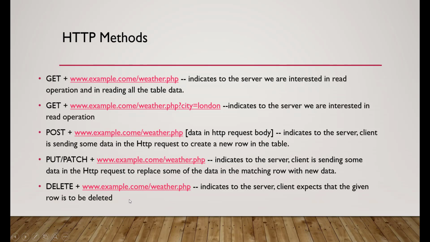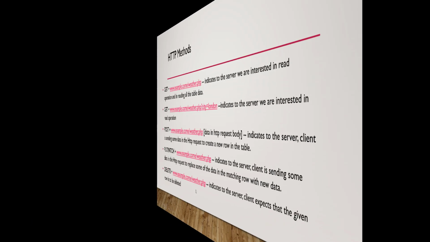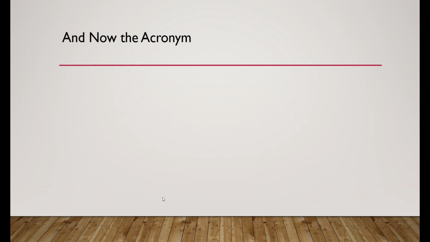Likewise, if we are interested in deleting a certain resource, we will use again same URL but with delete HTTP method. So this method will inform the server that now the client wants a certain resource to be deleted.